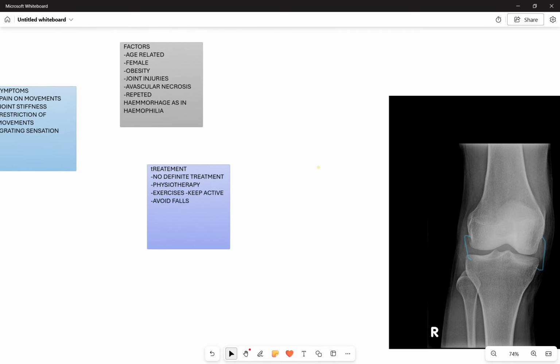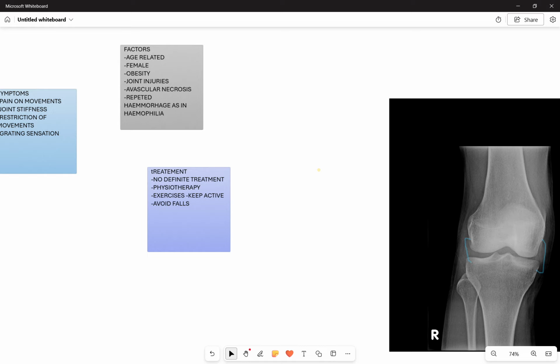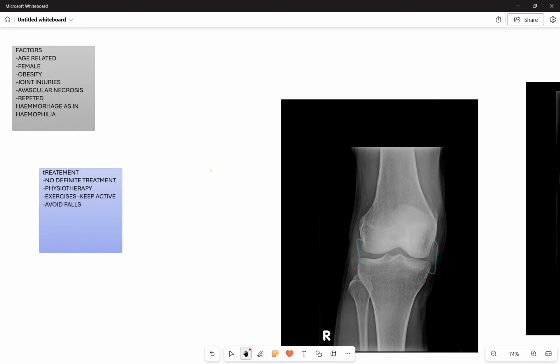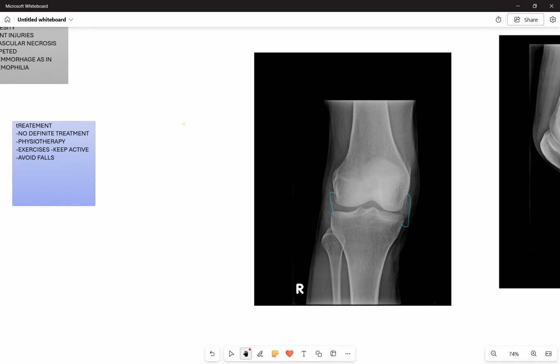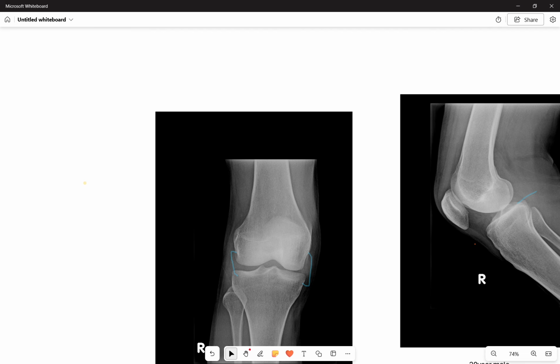Nowadays there is replacement therapy, but in the knee joints when everything is destroyed, you can have a new joint with a new replacement.